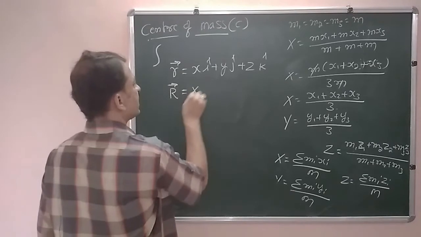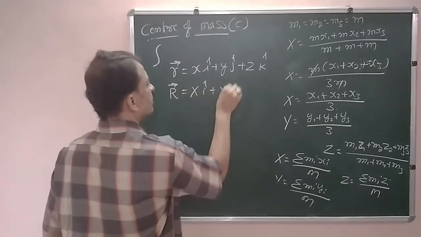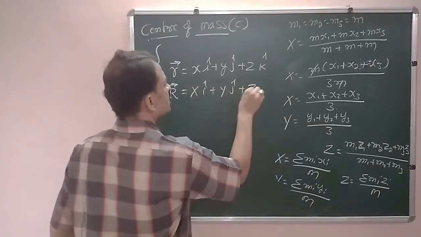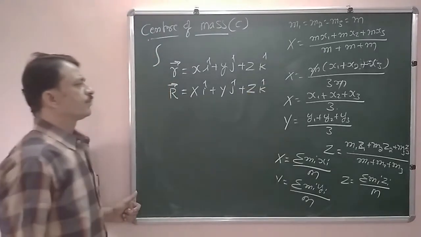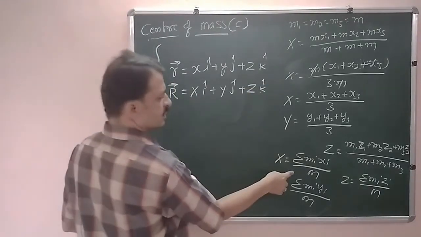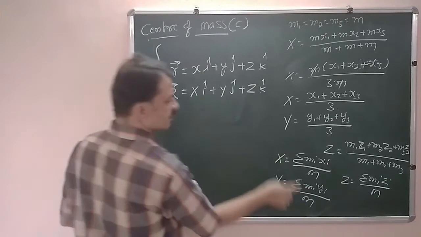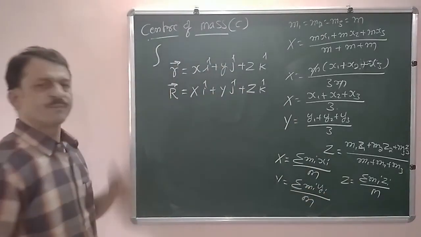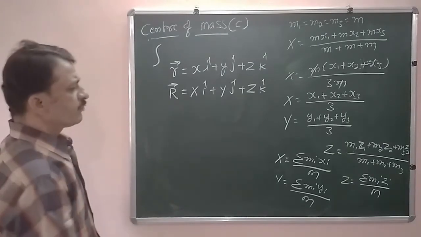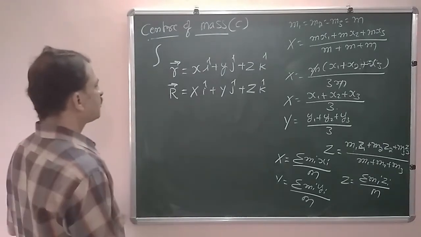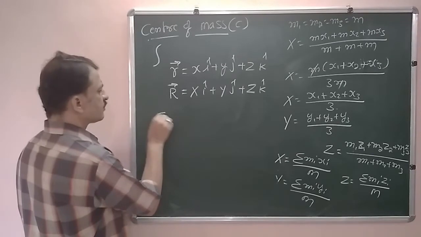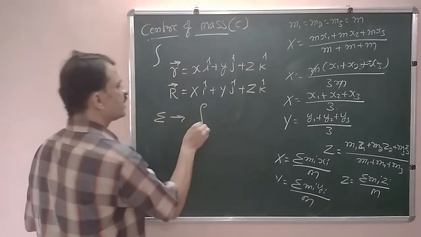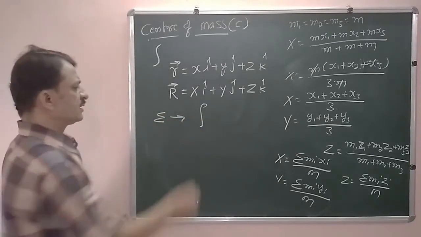It is capital X i cap, capital Y j cap, capital Z k cap, where X is given by this formula, capital Y by this formula, and Z by this formula. So if you have an infinite number of particles, then instead of summation, we use the integral sign.